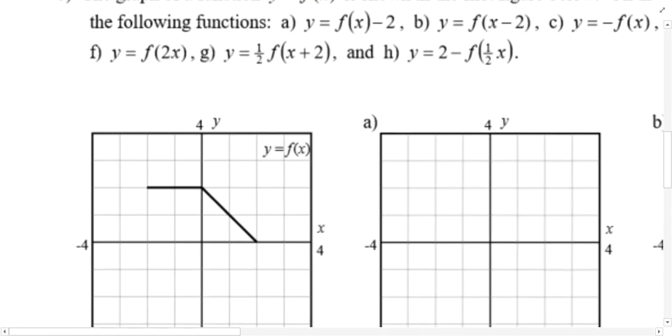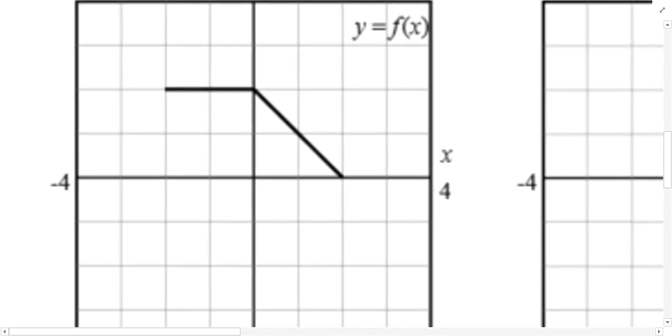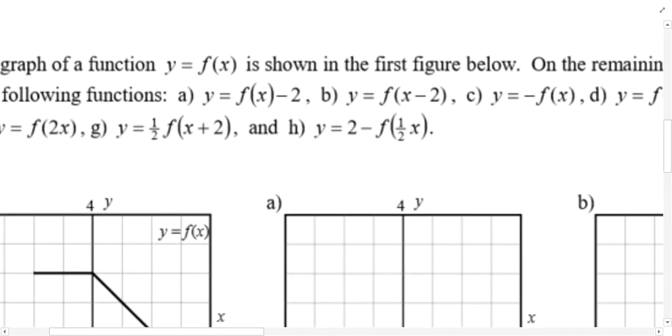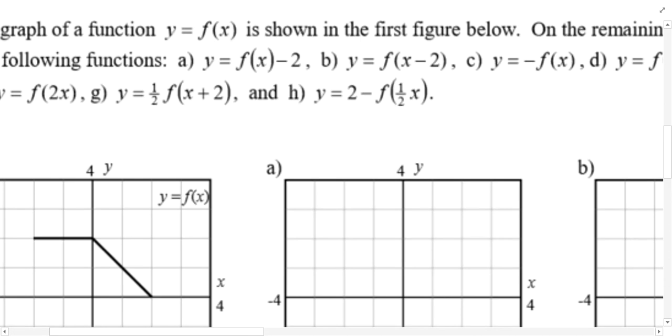For example, the function f of x. I don't know what the equation is for f of x, but evidently the function f of x produces this shape. It's kind of this angular design here. Now, if f of x is the original shape and we apply a transformation in this order to it, we should be able to determine what the new shape would be.